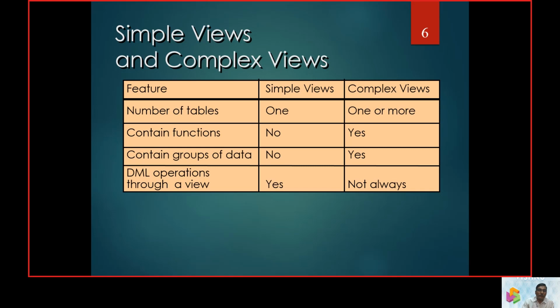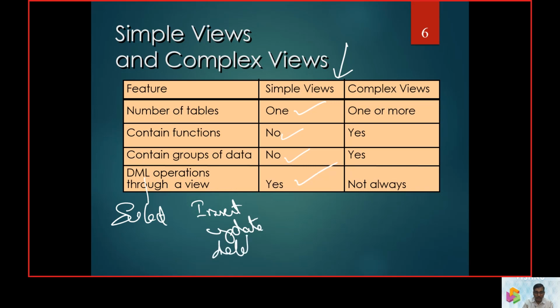So what will a simple view contain? It contains only one table. It contains no functions and no groupings, but it allows data manipulation operations. It is taken up with the select command, and thereby it can work with insert, update and delete.